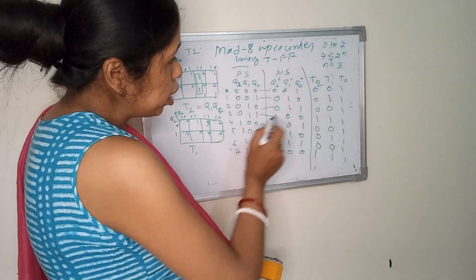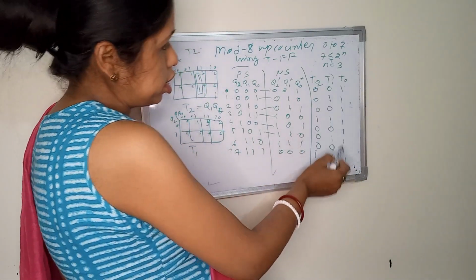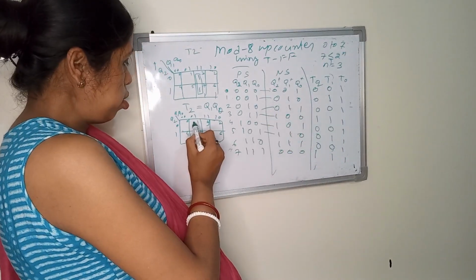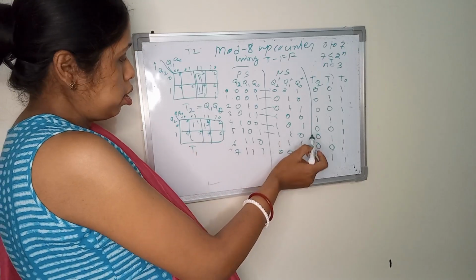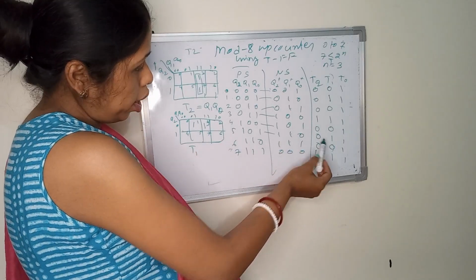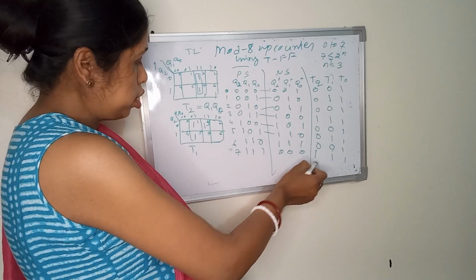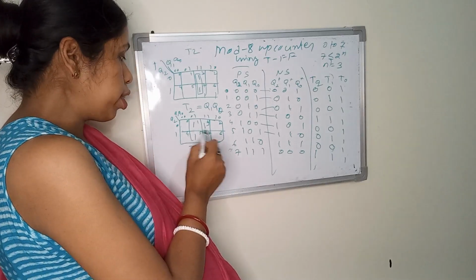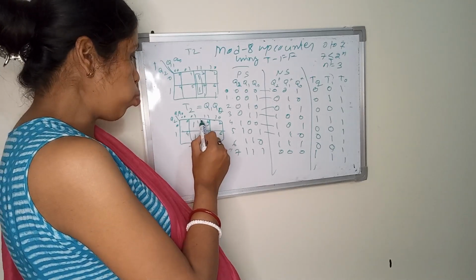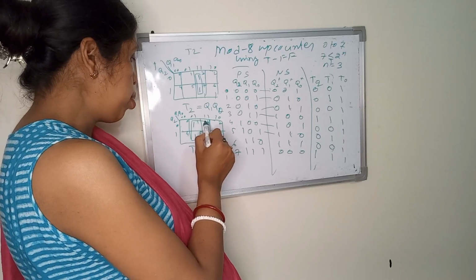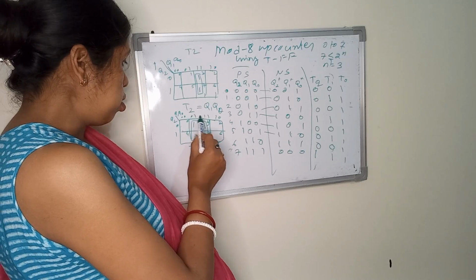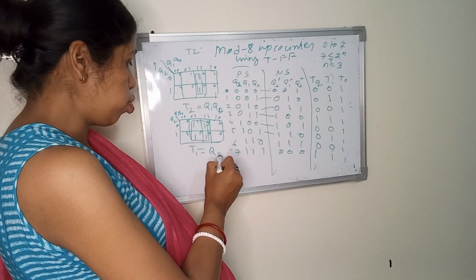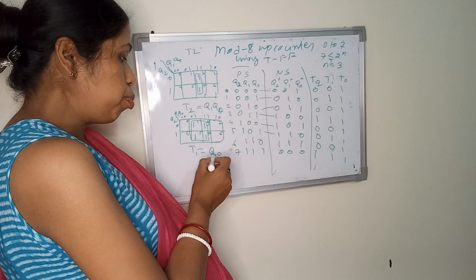So my T1 is 1 for alternate cases. So for alternate cases, my T1 is 1. So here I can do one pair. What is my T1? T1 will be Q0 only. T1 will be my Q0.